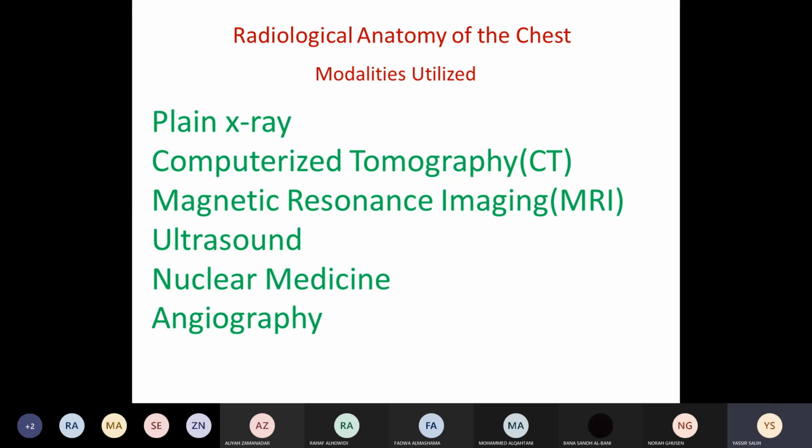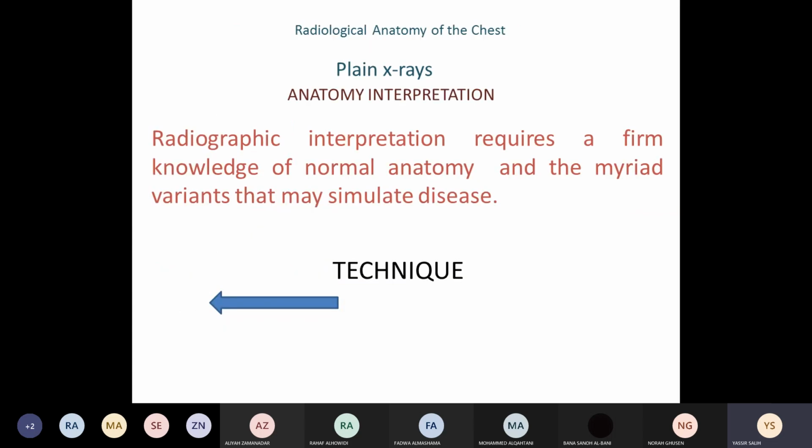Those are called modalities, and we are going to discuss these modalities.